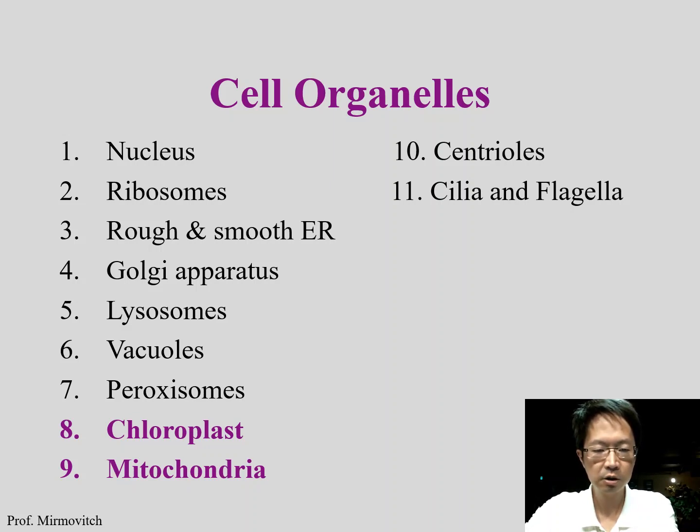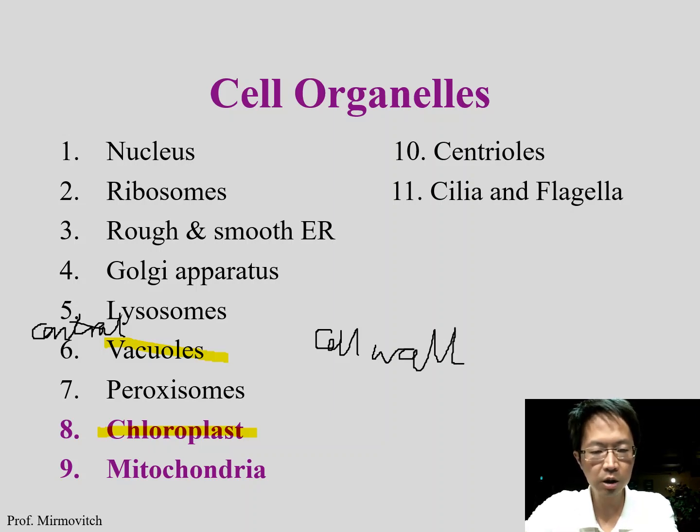You can find central vacuole also in the plant, and you can find cell wall in the plant cell only. So these three structures, cell wall, central vacuole, and chloroplast, you can find in the plant only.